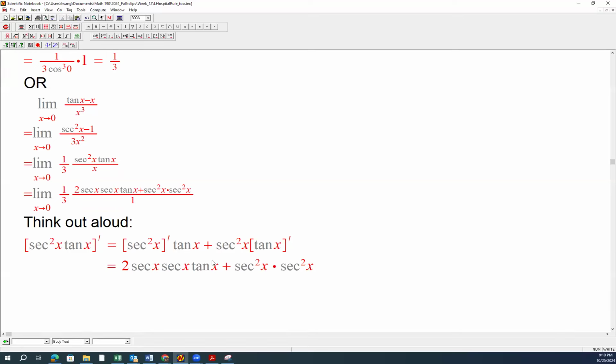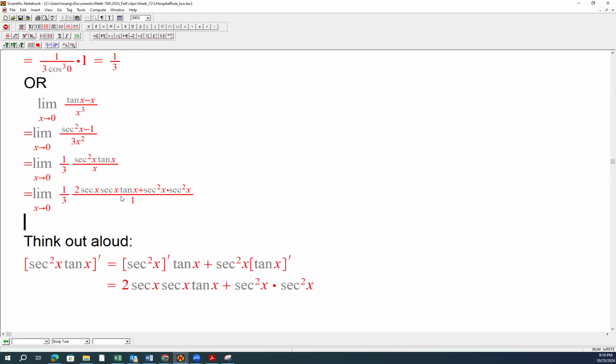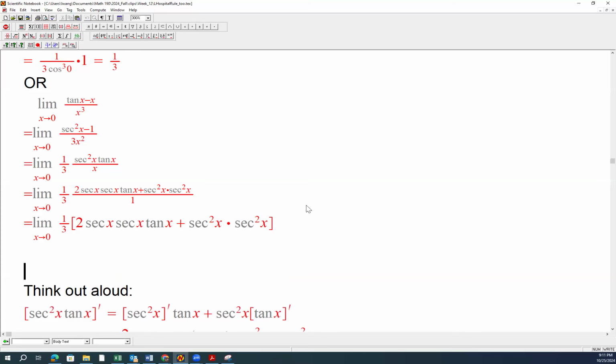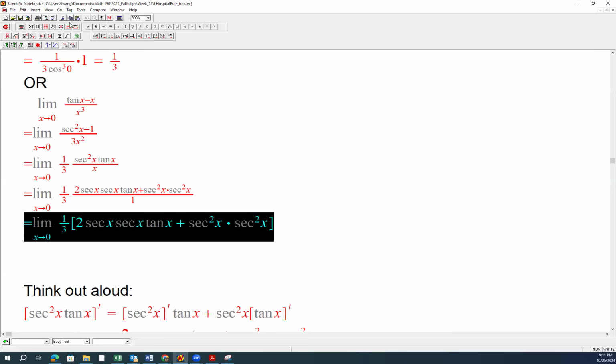And that's not a problem. It works. Then on the next step, the denominator 1 can be omitted. So we're going to put the whole thing like this, and that's going to be a direct substitution.